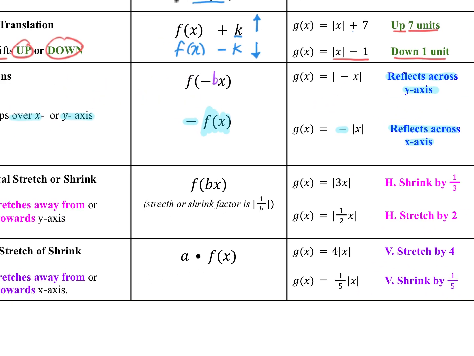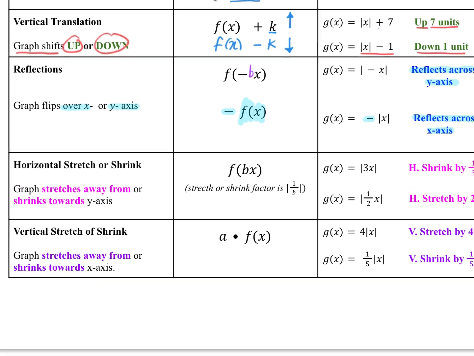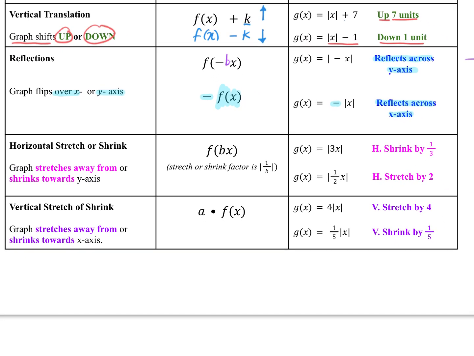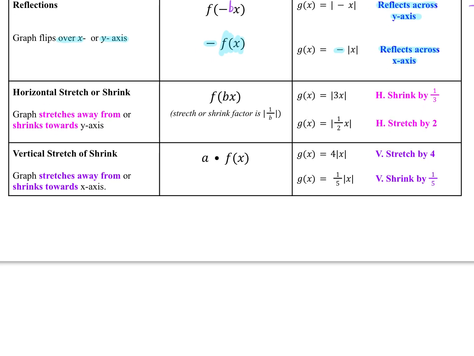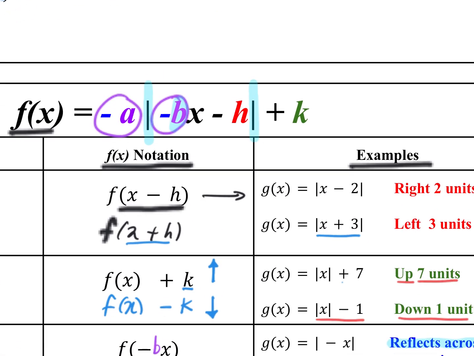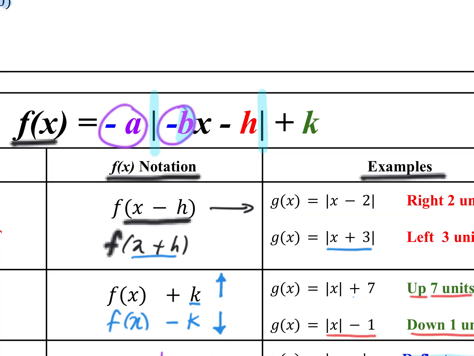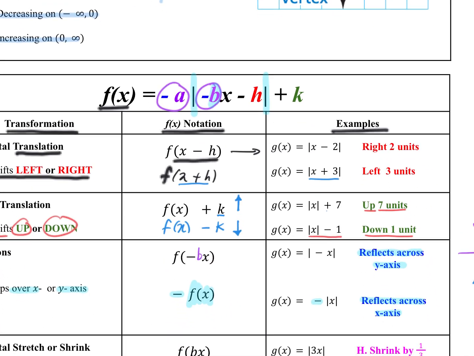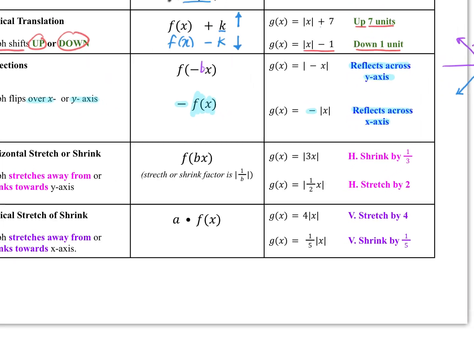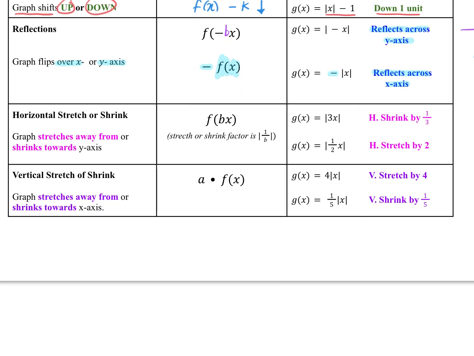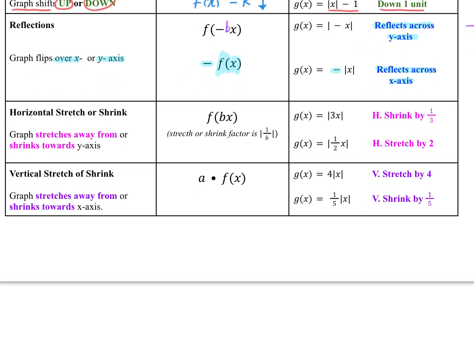Okay, let's go for the horizontal shrink and stretch. This is characterized by the b again. If you look at our function in here, we have the b in here. That b is going to be representing the horizontal stretch or shrink.